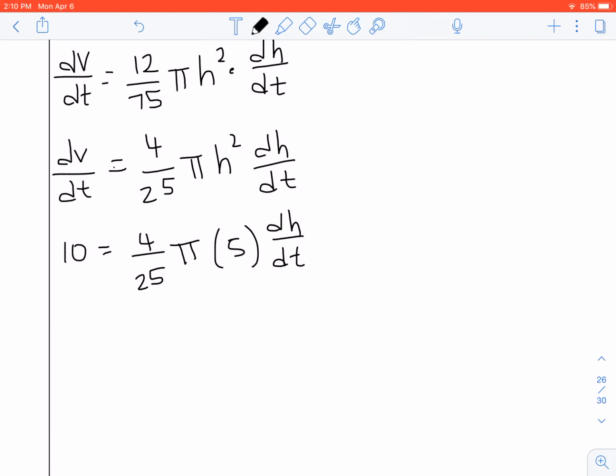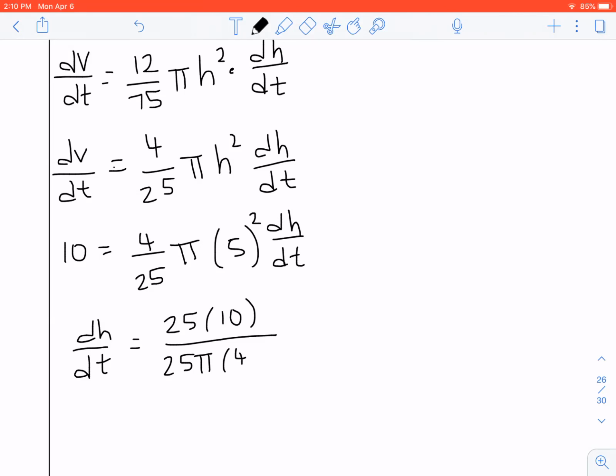So solving for dH/dt to isolate that, it's going to be 25 times 10, all divided by 25 times pi times 4.